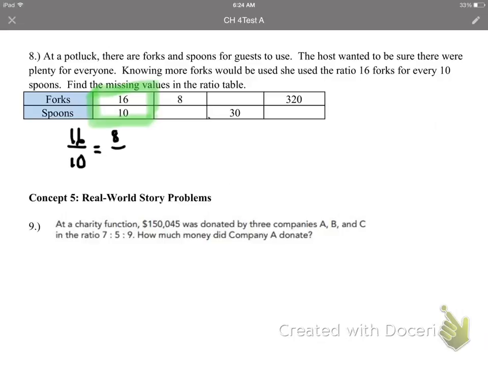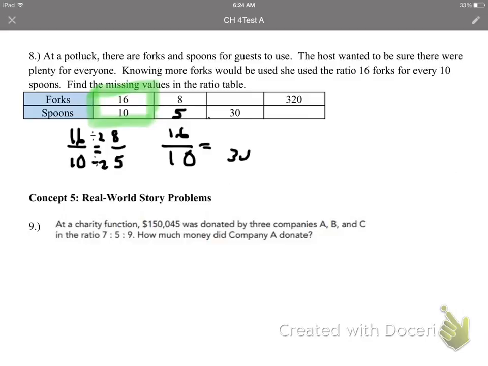So here, if I'm going from 16 to 8, that's dividing by 2. 10 divided by 2 is 5. You could realistically, if you wanted, go from the 5 to the 30 and then do the same operation. But I don't like to do that because it doesn't always work out perfectly and then I get mad. So I would go back from 16 and I would pretend that that 5 and that 8 didn't even exist. Oops, it was 5 and 10.